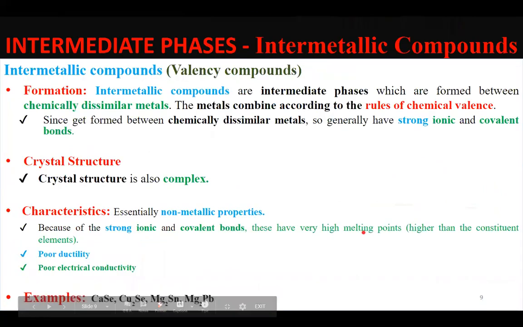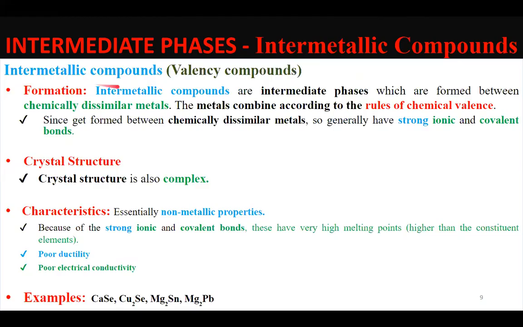We come to the final type of intermediate phase, the third type, intermetallic compounds or valency compounds. As the name suggests, they always form when you are trying to form a solid solution taking two metals. So these are chemical compounds which are always formed between metals. But the interesting thing is that both these metals are chemically very dissimilar.